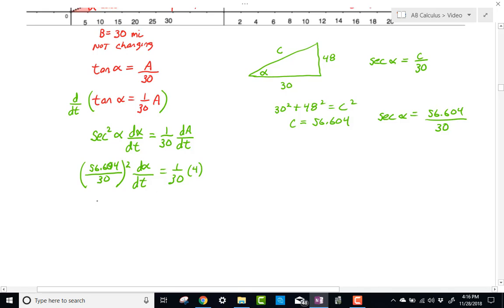I'm going to simplify the right side. Let me see. We got 56.604 divided by 30. This whole thing's being squared. d alpha dt equals 4 over 30.